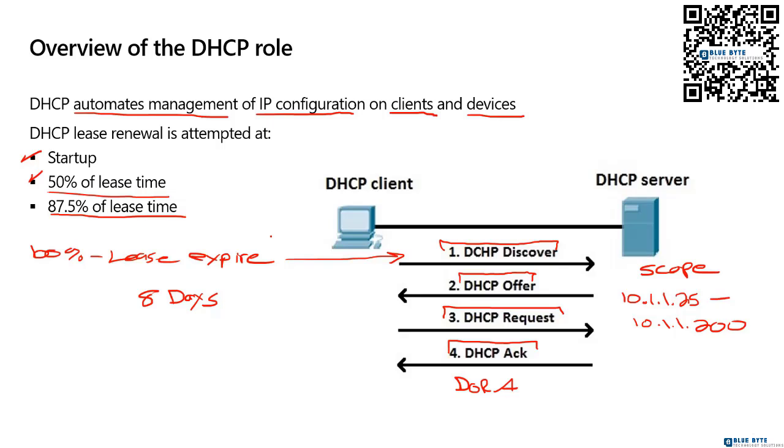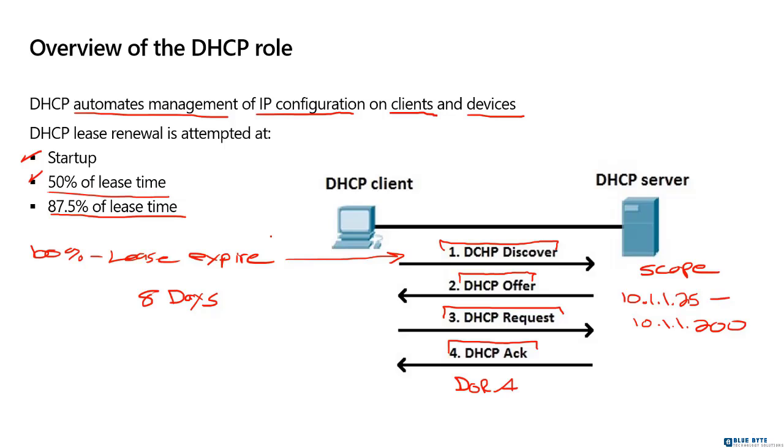Now, the 87.5, that is truly an odd amount of time. I was initially thinking, why not 75%? Why would you settle on 87.5? Well, these are not adjustable. The 50 and 87.5, that's just the way it works. 87.5, if you made that a fraction, it's actually 7/8. So the 87.5 would actually be day 7. So they're assuming you're on this default 8-day lease.